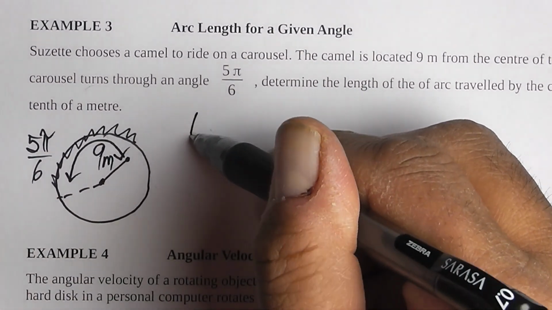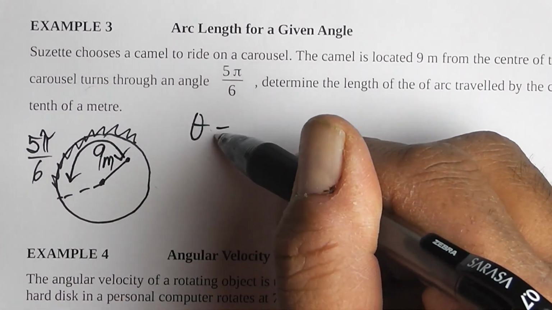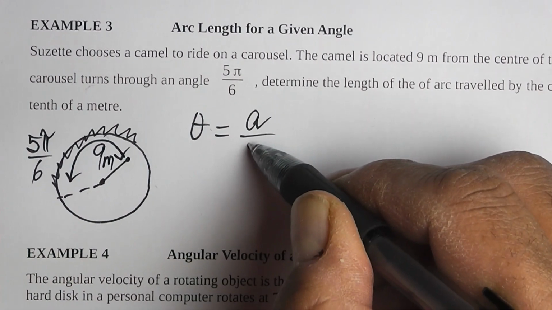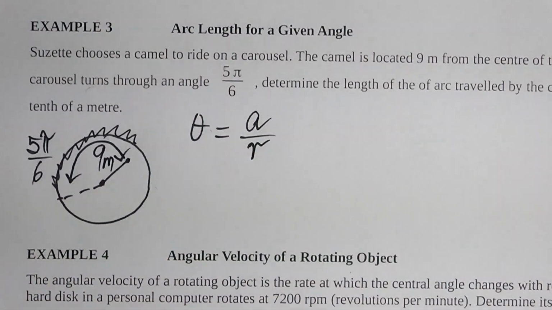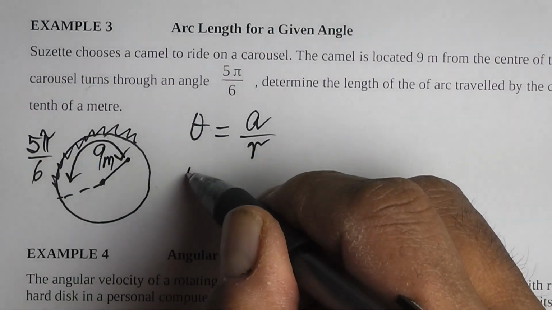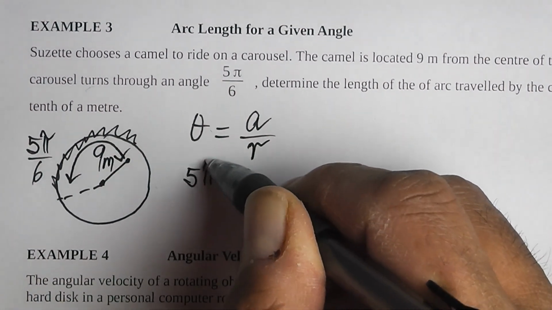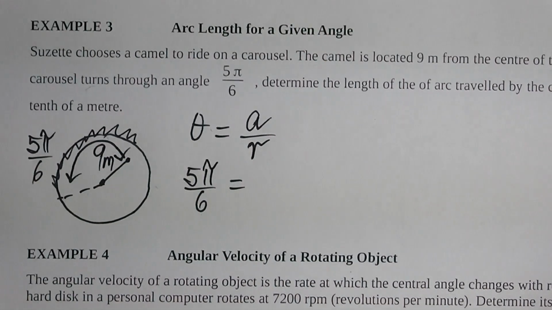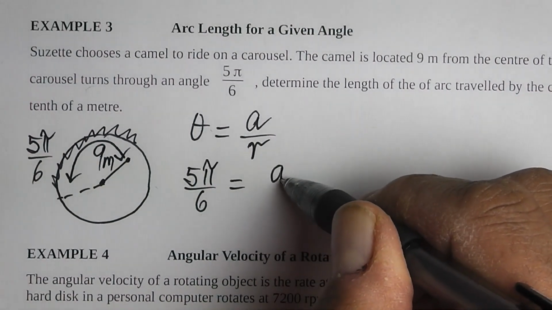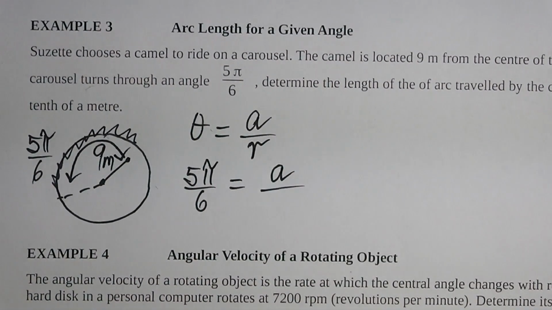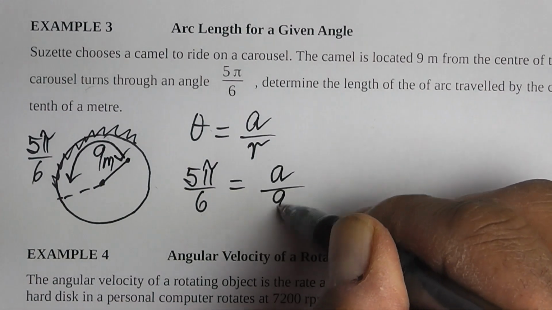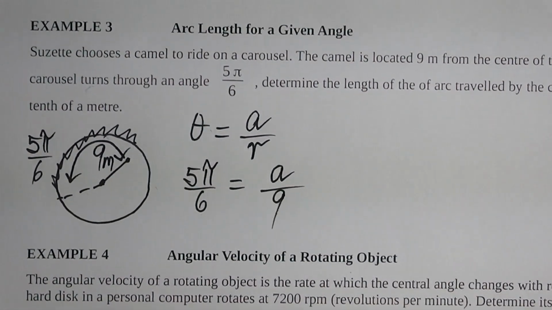So theta, the angle subtended, is equal to the arc length divided by the distance from the center. We know the angle is 5 pi over 6. That's given to us in the question. We are looking for the arc length, and we know that the camel is 9 meters from the center.